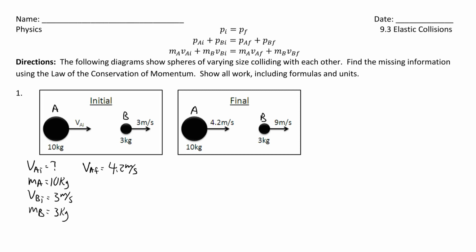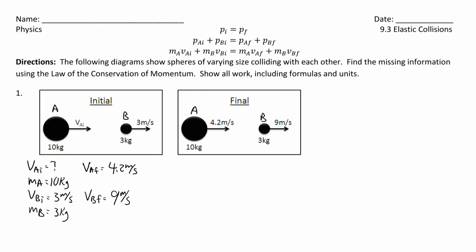The masses stay the same. And the velocity of B after the collision is going to be 9 meters per second. So we know pretty much all the information except for the initial velocity of A. And we're just going to use this formula here that we talked about before.